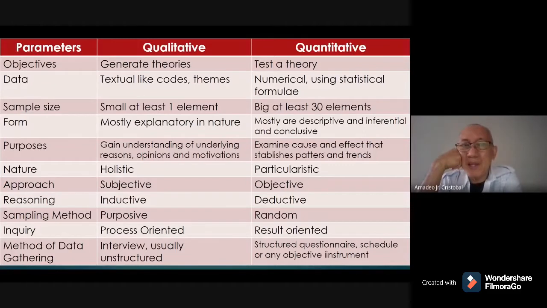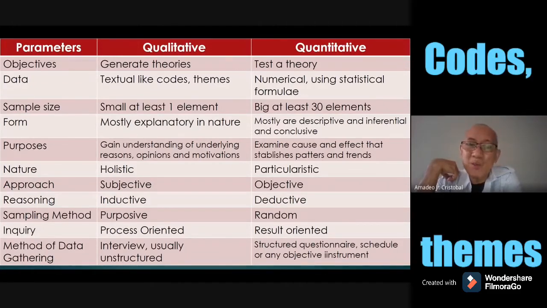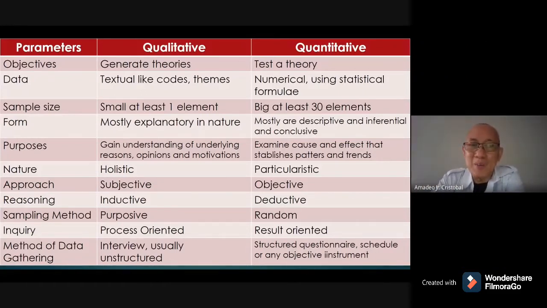Now, when we speak about data in qualitative, the data is represented by texts. You know what texts are? We send texts, right? So texts are words. They are ideas. Data in qualitative are texts. We call them codes. We call them themes. So you will understand codes and themes when you do qualitative data. We will discuss that as we go on.